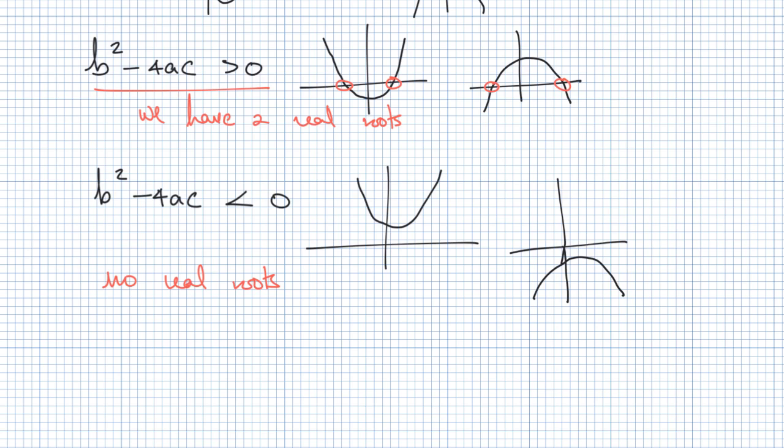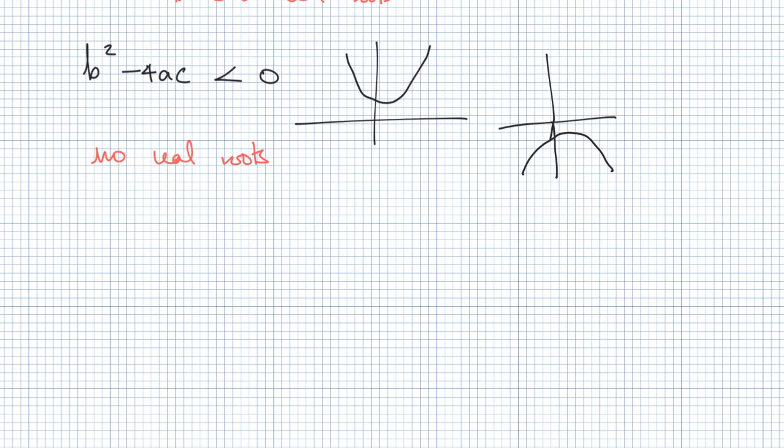And then there's one last scenario that can come about, and that is if your discriminant is equal to 0. Well, if your discriminant is equal to 0, this is what happens to your graph. It just touches the x-axis.